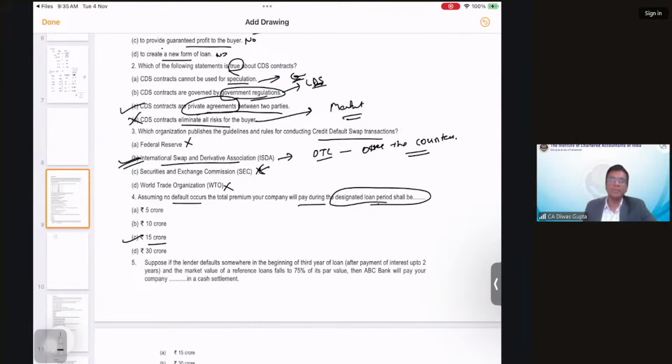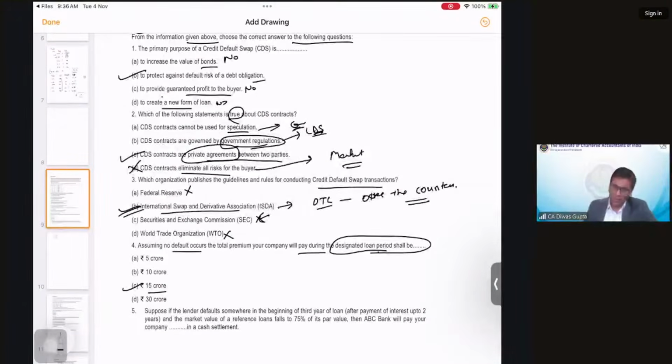Okay, clear? So 15 crore becomes the overall amount that the premium needs to be paid. Just allow me a minute.